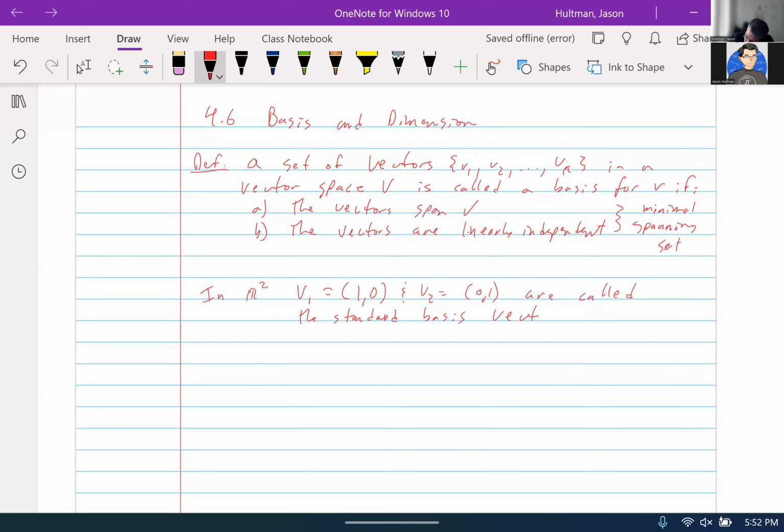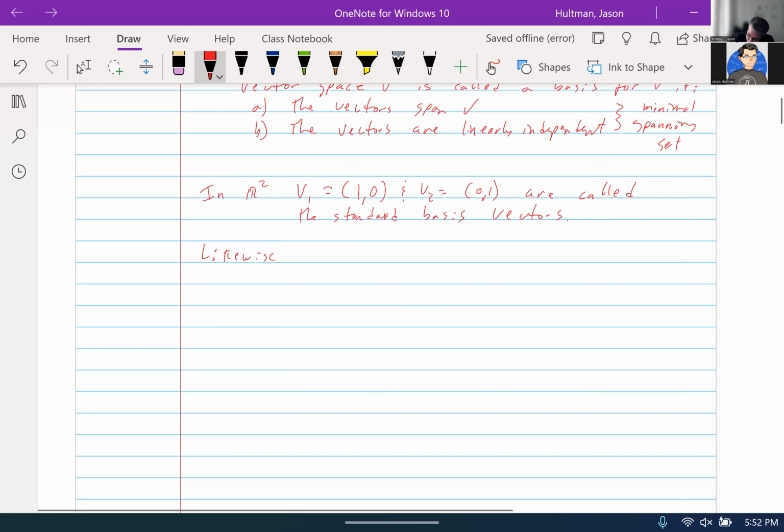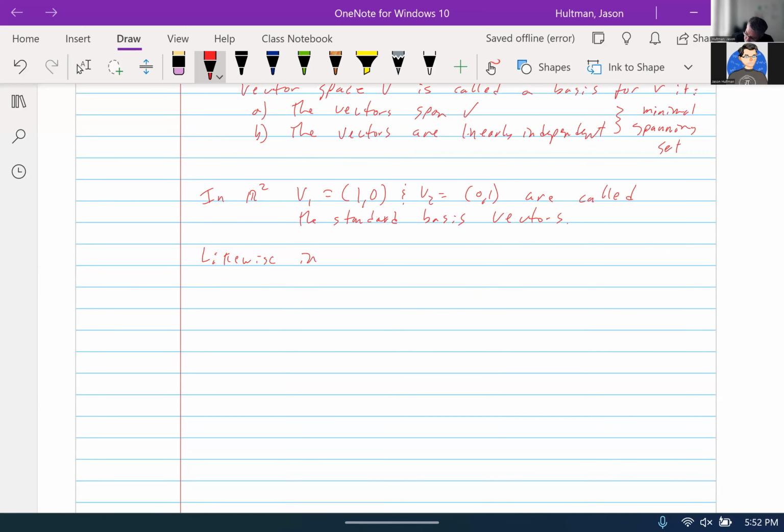Likewise, in R3, v1 equaling (1, 0, 0), v2 equaling (0, 1, 0), and v3 equaling (0, 0, 1) are the standard basis vectors.